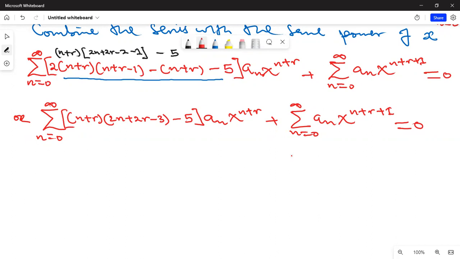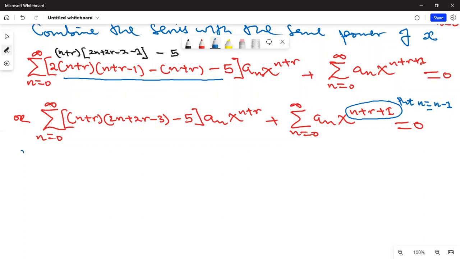The lower power of x is n plus r. Instead of n plus r plus 1, how do we make it n plus r? Here, I need to put n equals n minus 1, because when I subtract 1 from n, I'll get n plus r. So wherever there is n in the second summation, we are going to substitute that by n minus 1.